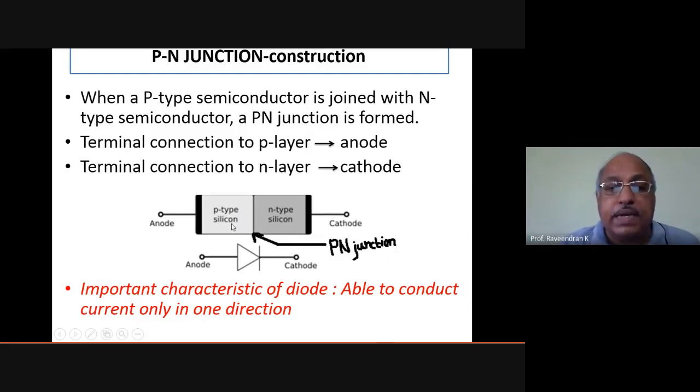The terminal connection to the p layer is usually called the anode, and the terminal connection to the n layer is called the cathode. The metal piece connected to the p-type material acts as the anode, and the conducting material on the n-type material acts as the cathode, isn't it?